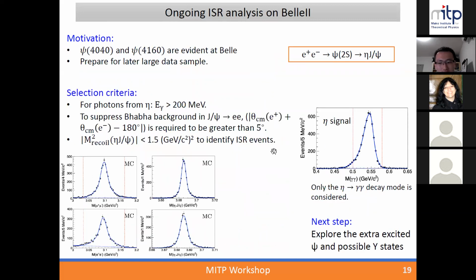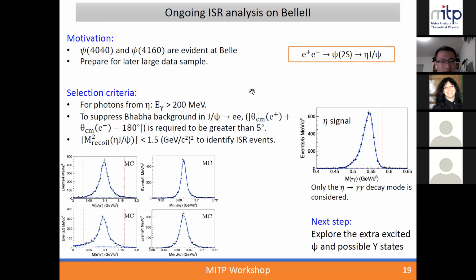Okay, the last slide is slide number 19. Here we search for the e+ e- decays to eta J/psi. The motivation is to rediscover the psi(4040) and the psi(4160), which are searched for in Belle and are evident.